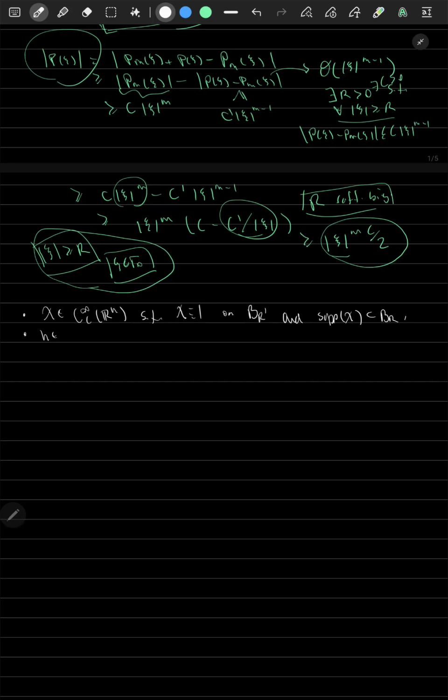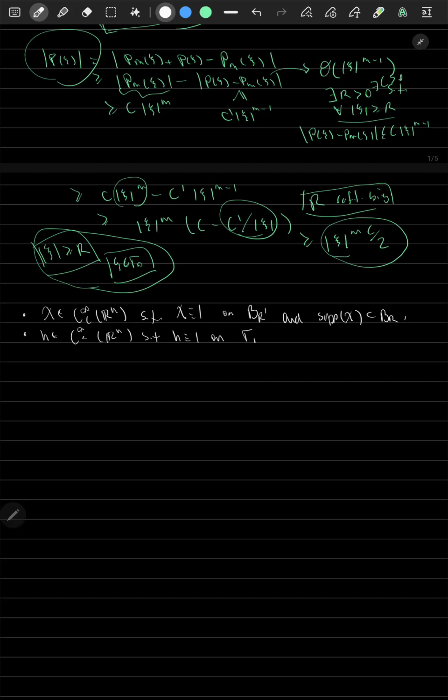The second one is h. So h is another function, C infinity c of Rn, such that h is equal to 1 on gamma 1, where gamma 1 is an open cone with closure inside gamma 0.